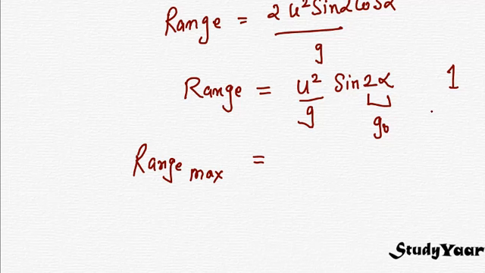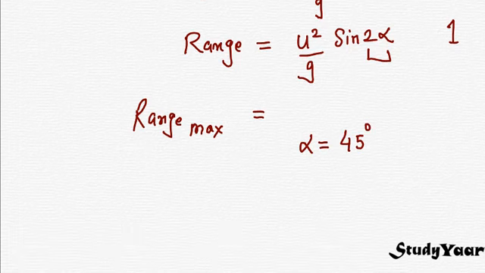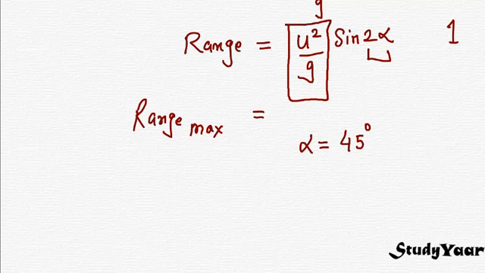Therefore, when you throw something at an angle of 45 degrees, you get a maximum range corresponding to that speed of throw. So your Rmax is when you have alpha equal to 45 degrees, and that maximum range is equal to u square by g.